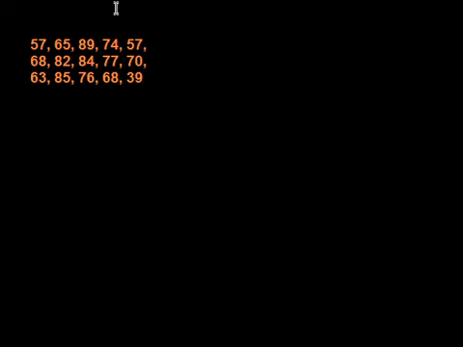So again, the first thing you have to do is create your two columns, so you have a left and a right, and you have your stems and leaves plotted.